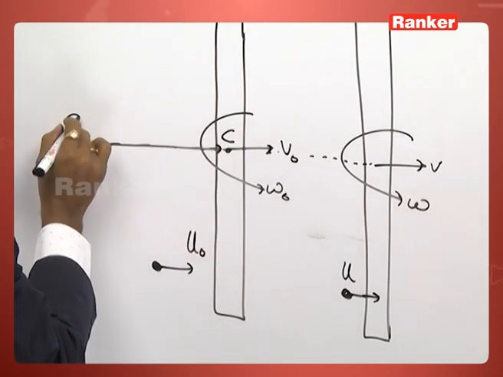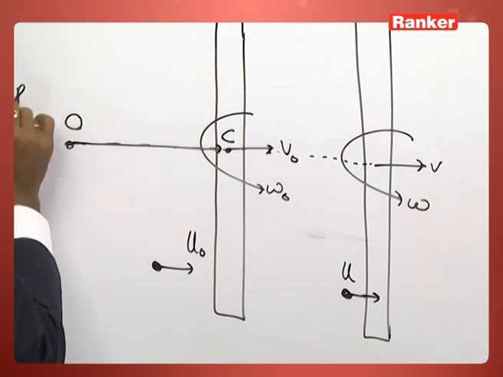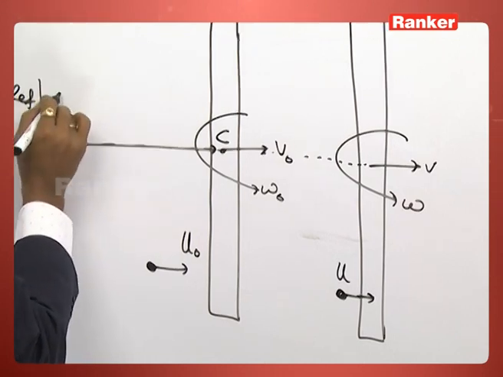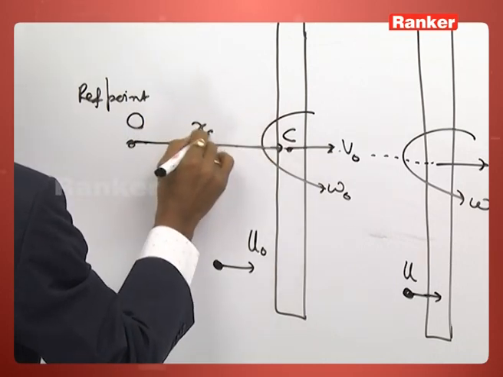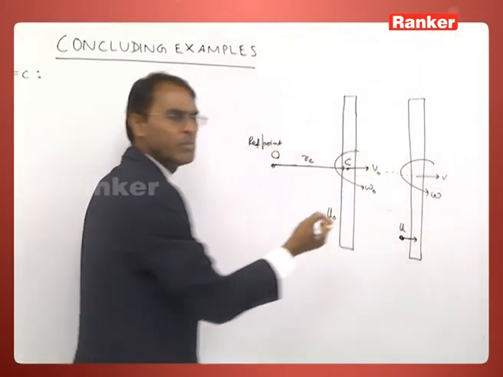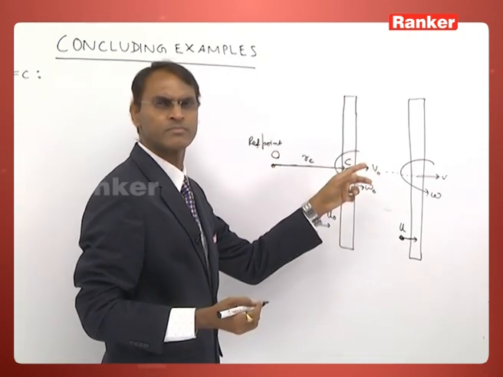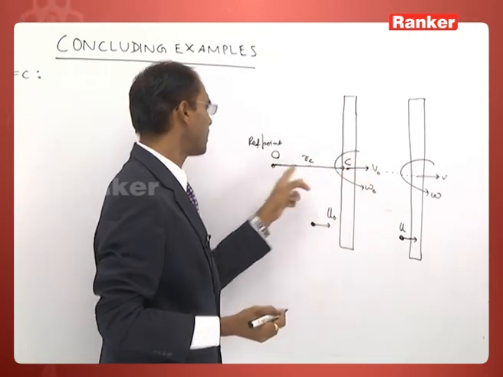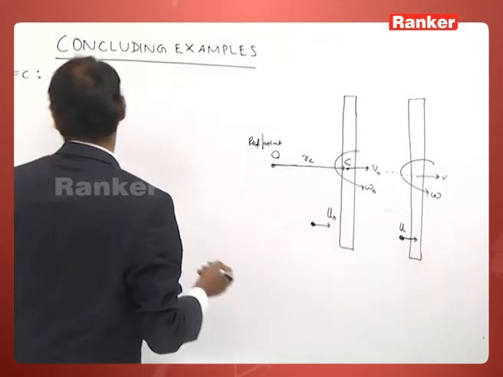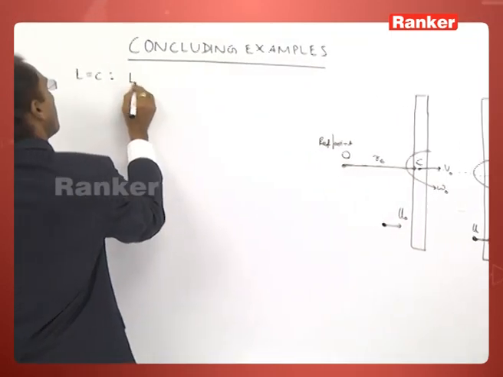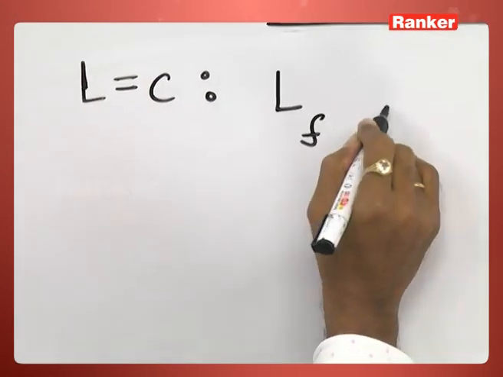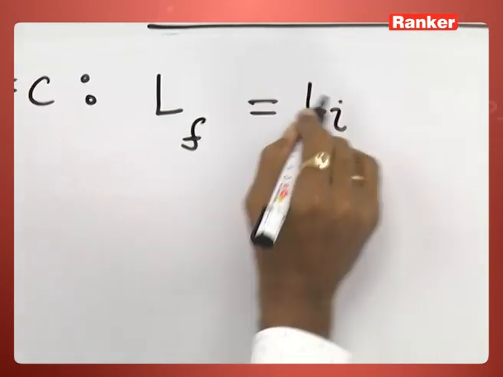Because the center of mass of the rod moves along the line through the fixed reference point, R_C cross V_C will be equal to 0. So we only need to write the spin angular momentum of the rod about this point. Final angular momentum is equal to initial angular momentum.